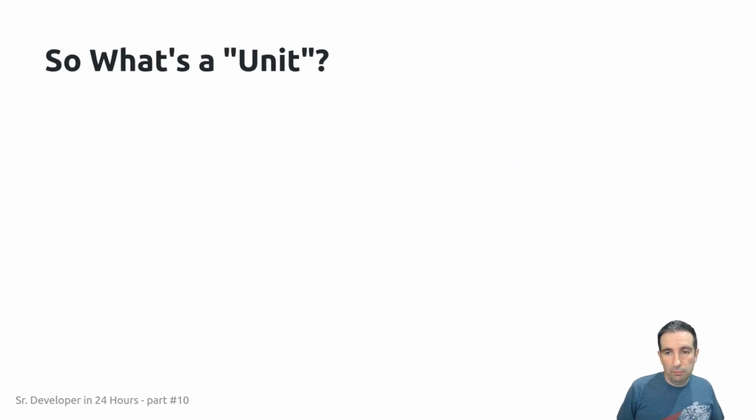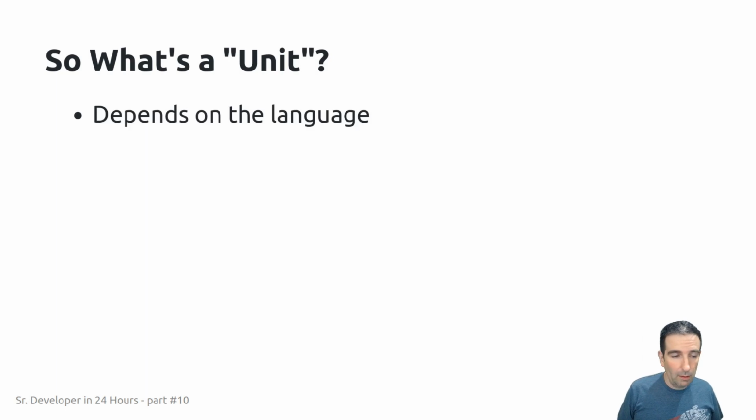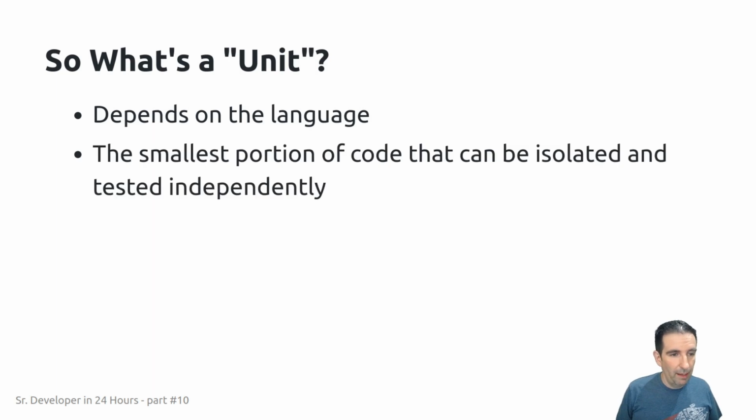All right, so we talked a little bit about the basics of unit test, but what is a unit? The concept of a unit depends on the language that we're using, and it's normally defined as the smallest portion of code that can be isolated and tested independently.